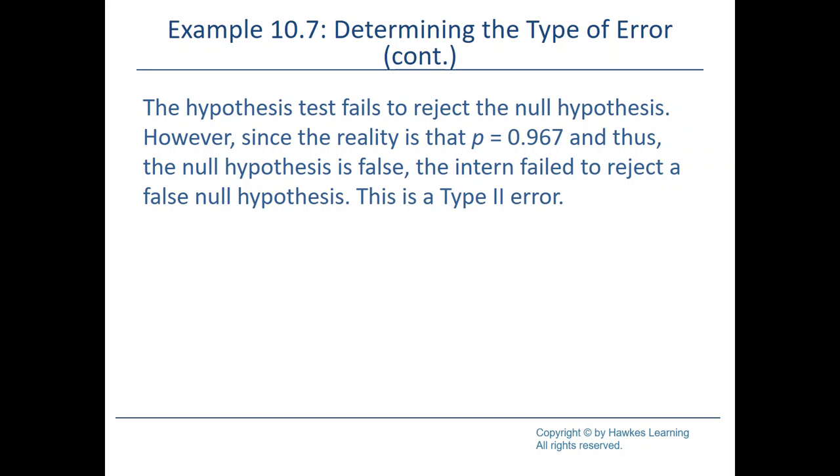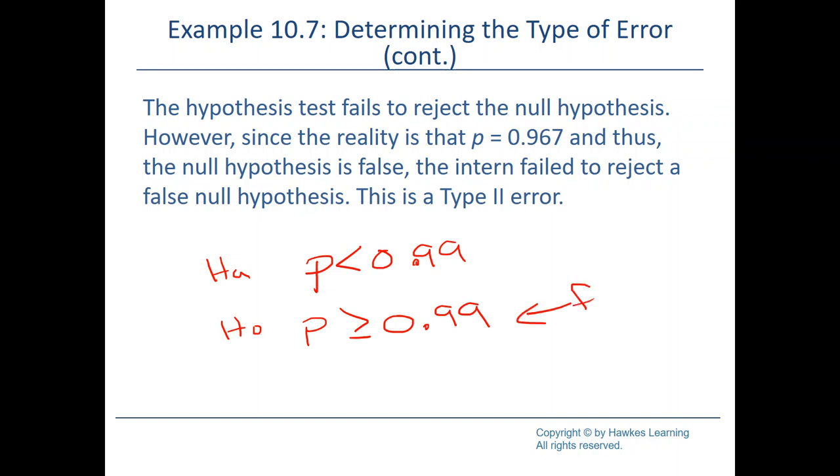Again, remind yourself what those two hypotheses actually were, and that will help you out there. We were looking for, was it actually less than this? This was the alternative. And the null was that it was greater than or equal to this. And we basically said that we fail to reject this.